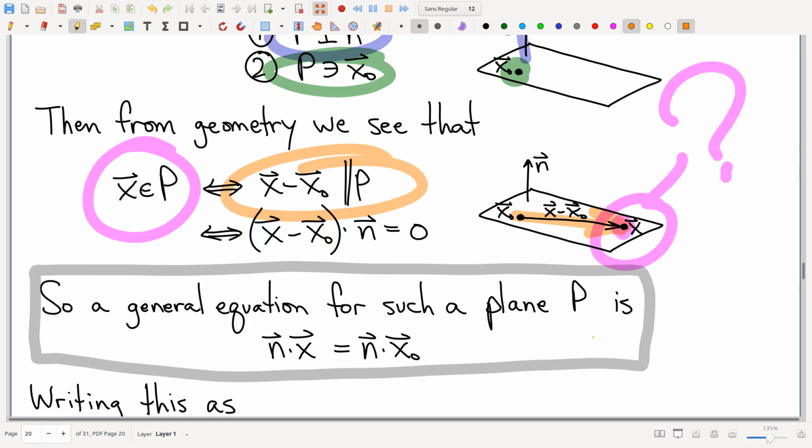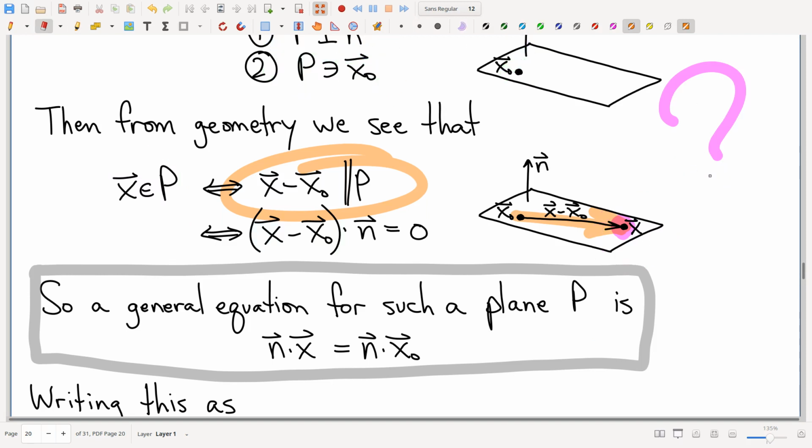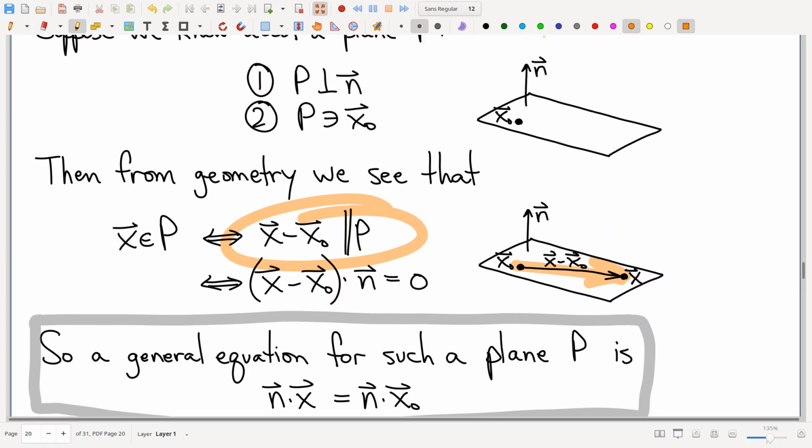Then I make the observation that parallel to the plane would mean perpendicular to the normal vector. That makes sense to everybody? If this orange vector is parallel to the plane, then it's perpendicular to the vector perpendicular to the plane.